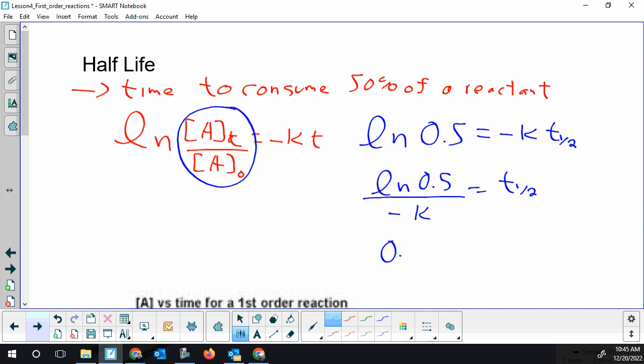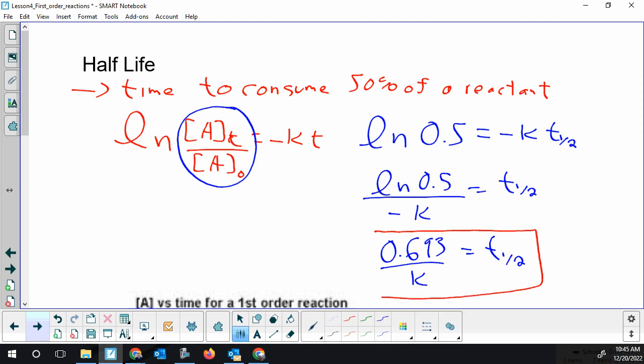The natural log of 0.5 and the minus are values you can just combine. And this is the version that you often have on a formula sheet. This is the half-life relationship, but only for first order kinetics. It's not true for zero or second order.